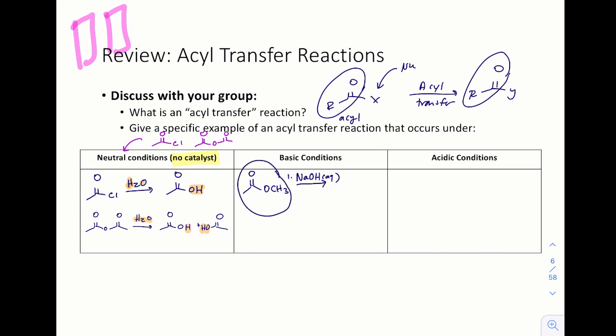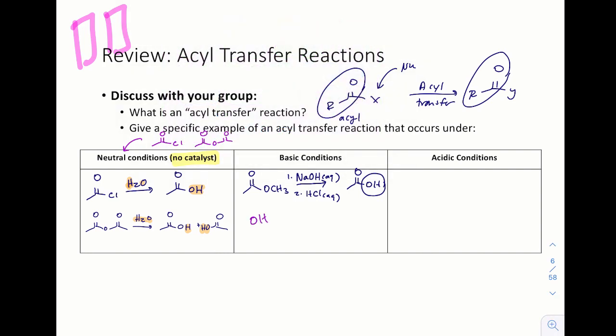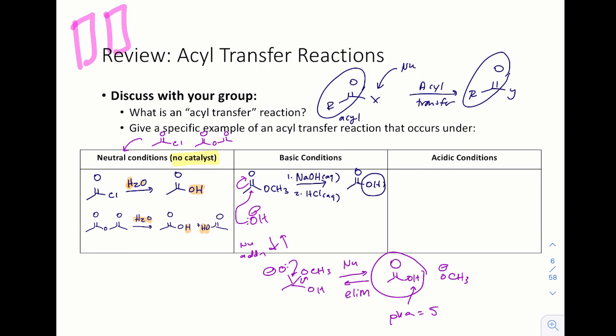Under basic conditions, an anionic nucleophile is used, which will react with even weakly electrophilic acid derivatives such as esters. This sequence, generating a carboxylic acid from an ester under basic conditions, does require an acidic workup just because the carboxylic acid that would certainly be formed from the addition-elimination mechanism, nucleophilic addition, nucleofuge elimination, is immediately deprotonated under strongly basic conditions such as these, as it has a pKa of 5.